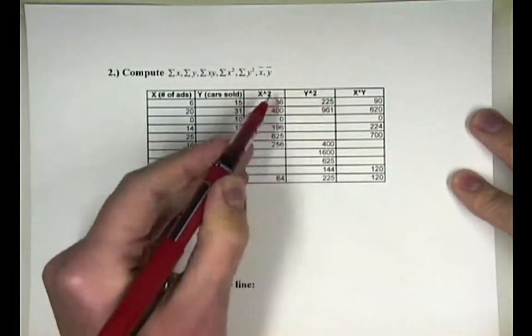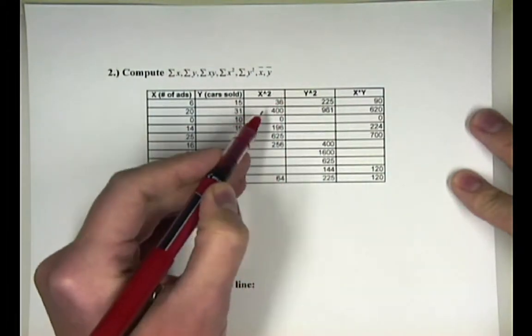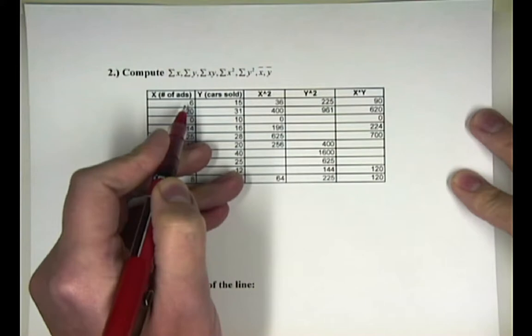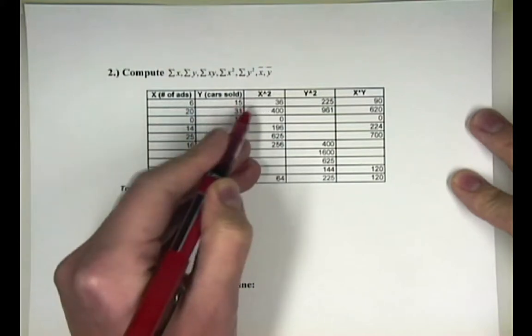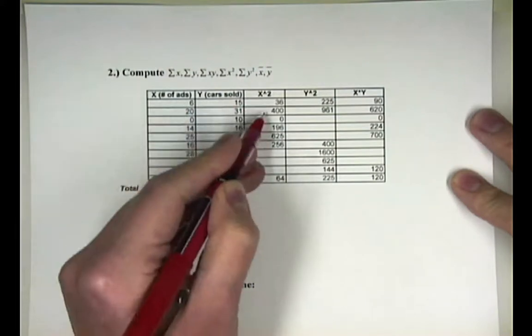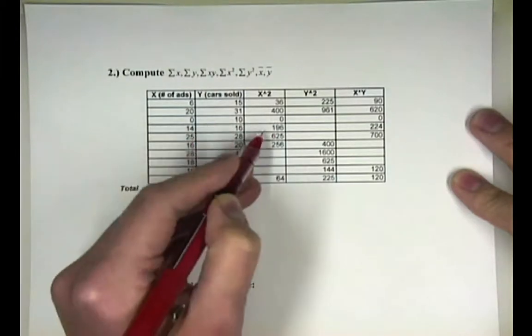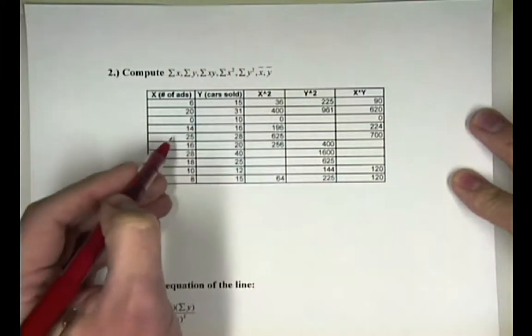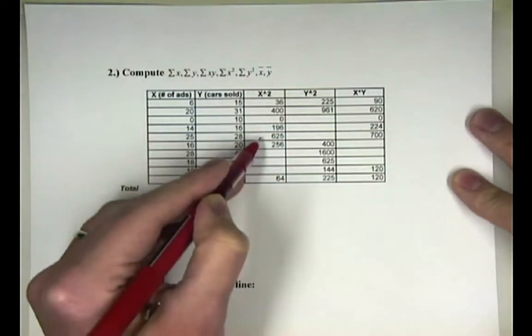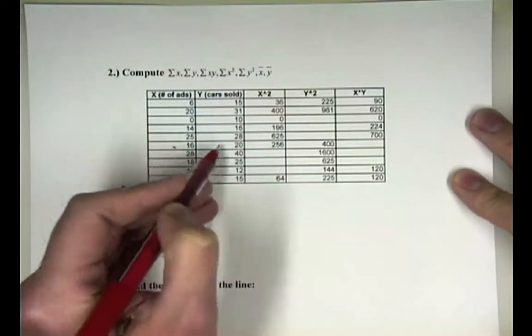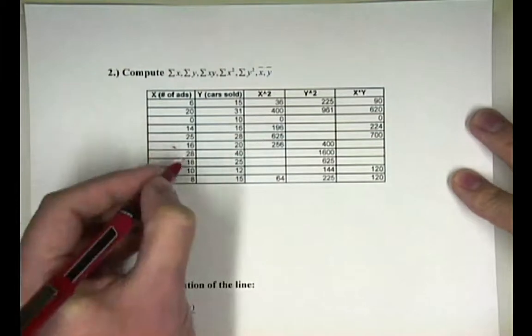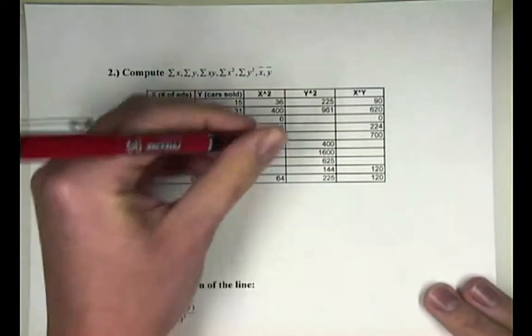Here I've set up the x squareds, and all I've done was take 6 and square it to get 36. 20 squared gives you 400. 0 squared gives you 0. 14 squared gives you 196. 25 squared, 625. 16 squared, 256. And 28 squared?